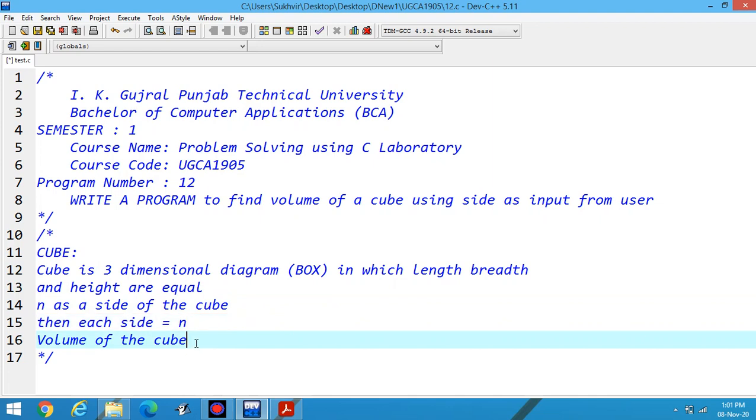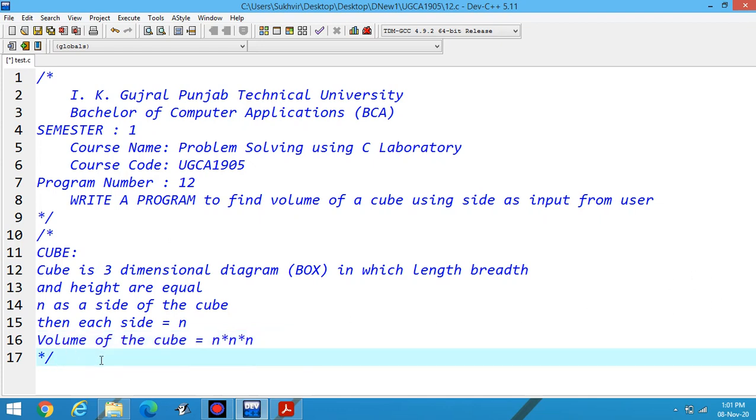Now what about volume of the cube? It's n multiply n multiply n, means n cube. These are the contents we should know before proceeding with the program.